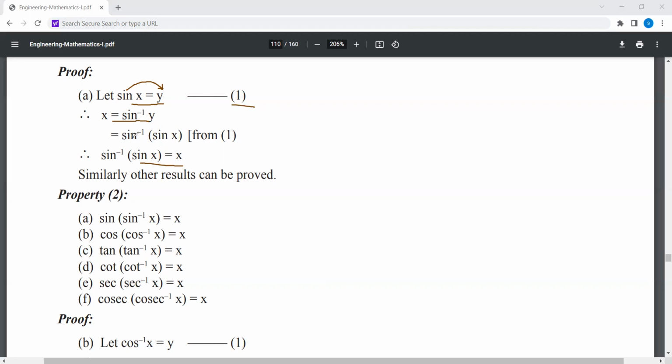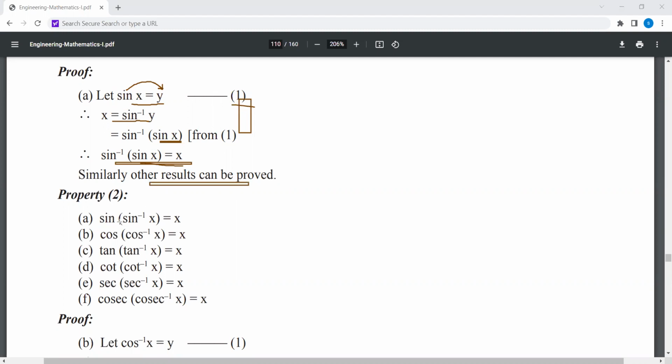The value of y is sin x, so putting y equal to sin x from equation 1, x is equal to sin inverse of sin x. Therefore, the result is proved. Similarly, other results can be proved.